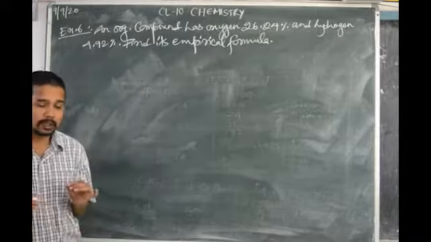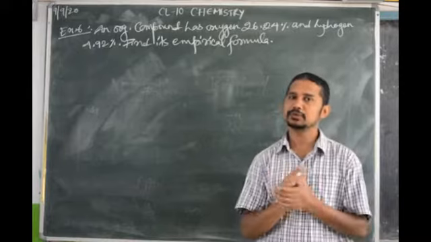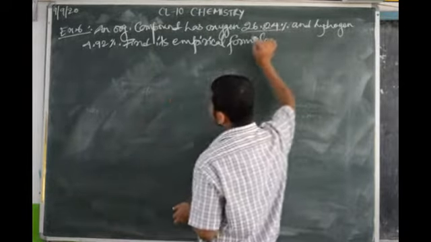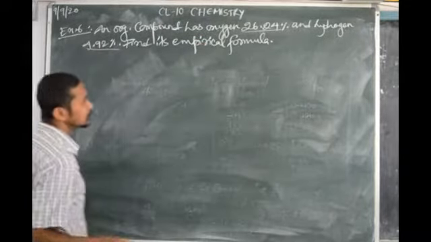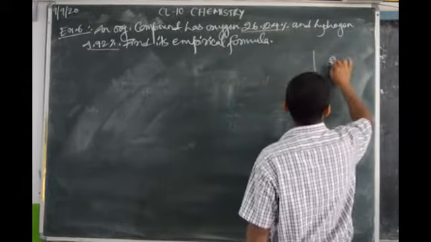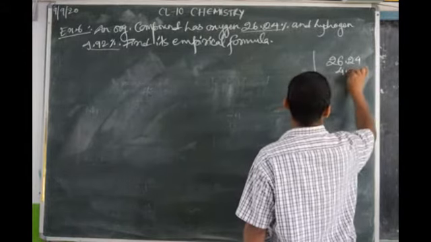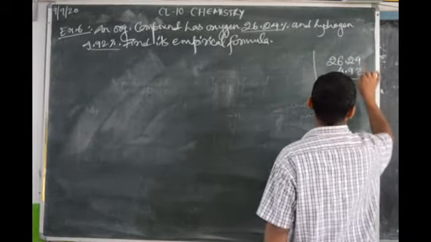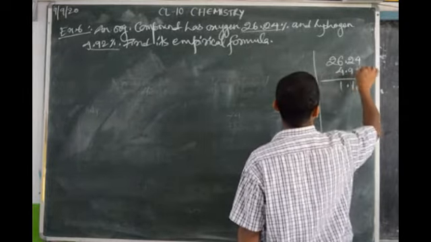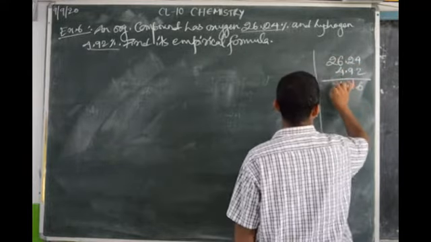As soon as you see the question, your first duty is to add all the percentages. On the rough side, you add the percentages. 26.24 and then 4.92. This is 31.16.